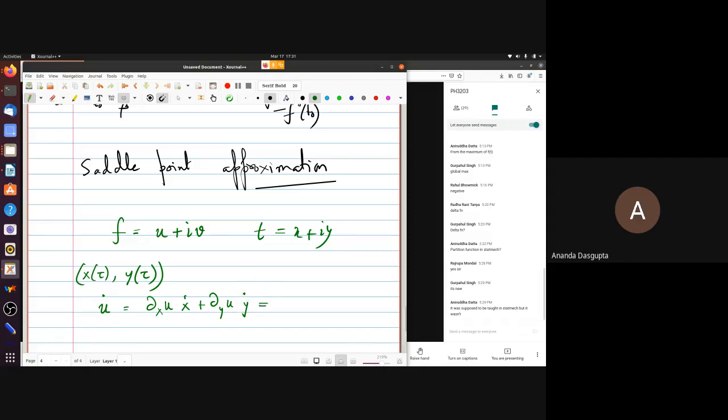And this is again something which is pretty familiar to all of you. Take the gradient, in this case a two-dimensional gradient of the function u, dotted with x dot, so you essentially get this result. So this is the rate at which the real part changes.